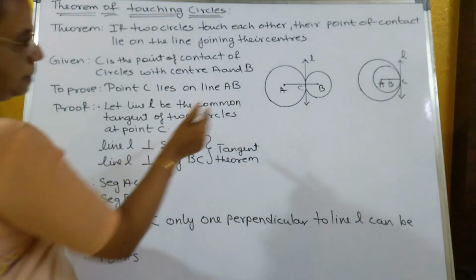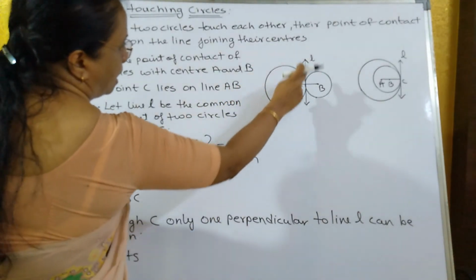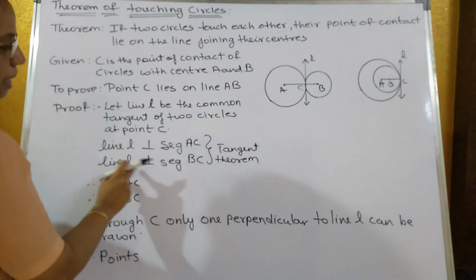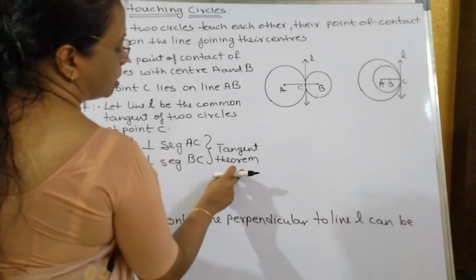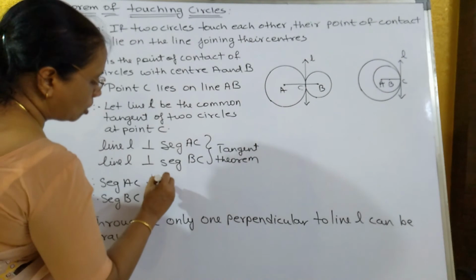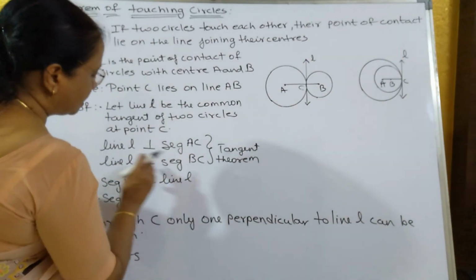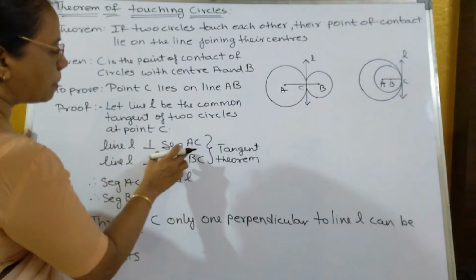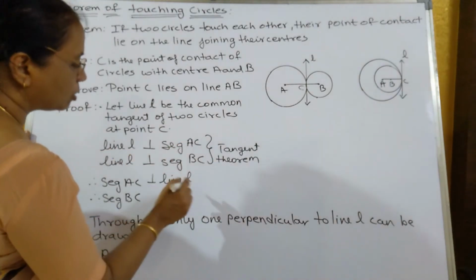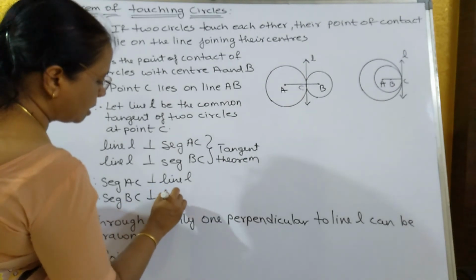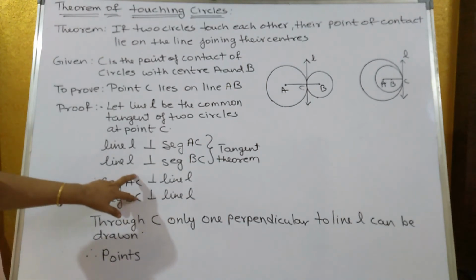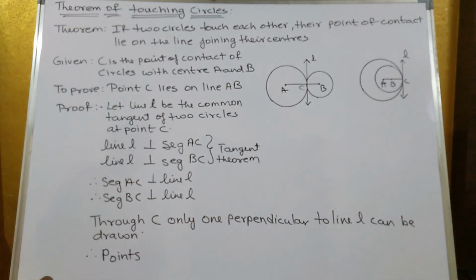So line L is perpendicular to AC and line L is perpendicular to segment BC. What is the reason? Tangent theorem. That means segment AC is perpendicular to line L, and segment BC is also perpendicular to line L. Through C, only one perpendicular to line L can be drawn.